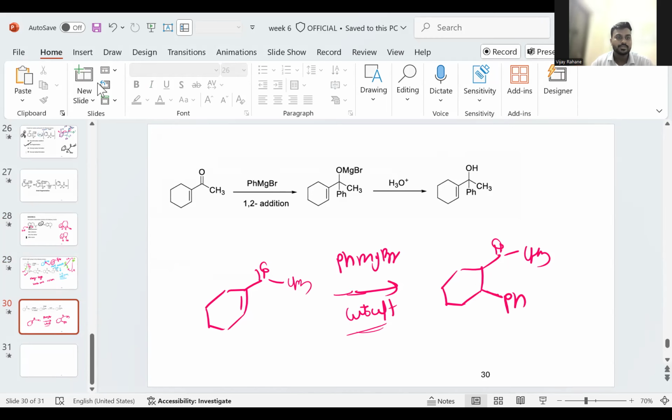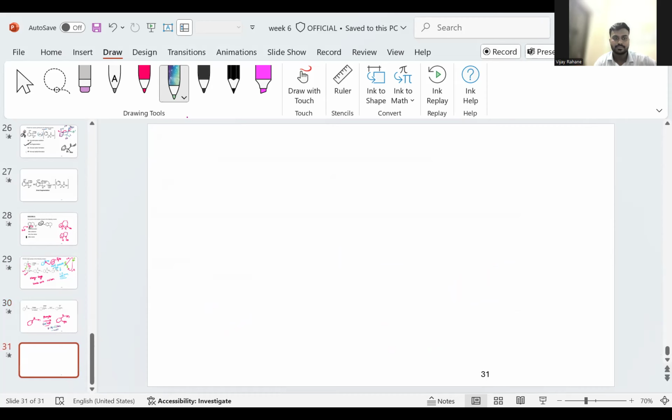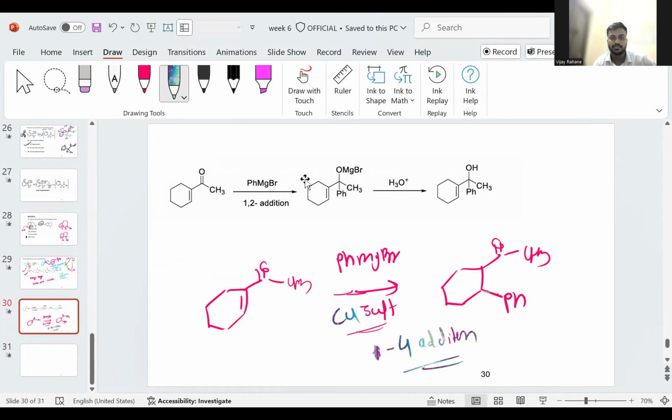If you add the copper salt, then the reaction goes to this position, 1-4 addition. So you find out what is the mechanistic reason behind 1-4 addition with the addition of the copper.